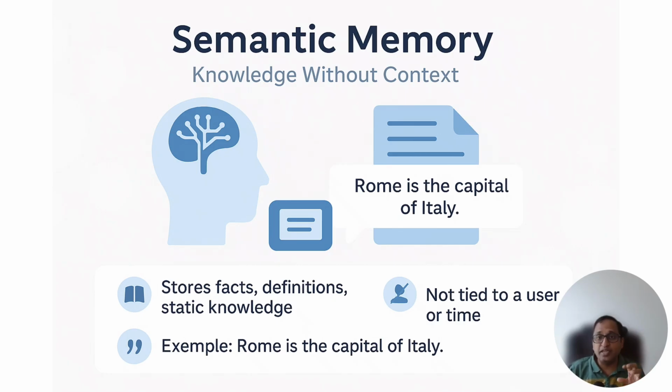It wasn't something the user told it before. It came from a pre-trained knowledge base or a RAG system backed by your internal database, or it could be Wikipedia or some official data sources. So semantic memory is not tied to a specific user and doesn't rely on recent chat. How do you pass it? It could be a RAG tool.